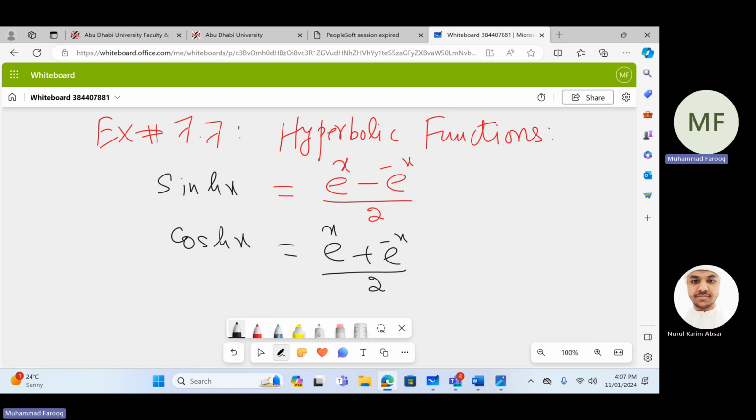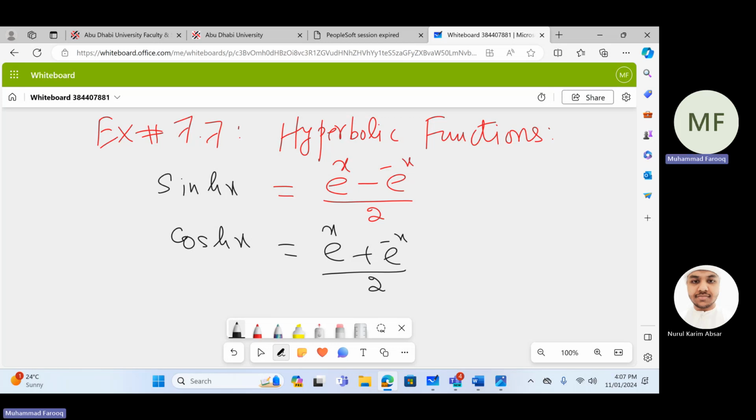For example, what is the derivative of secant? The trigonometric function, secant derivative, is secant tan. Now, the derivative of secant hyperbolic is negative secant tan.